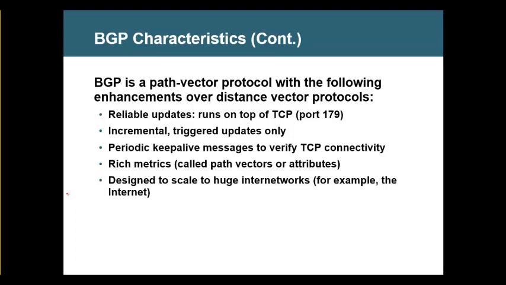Next, BGP has got a rich metric called path vector or attributes. Rich metric. You can call it an attribute. That's the right way to say it. BGP's metric is the attribute. So, if you see, this protocol is not going to dynamically discover neighbors.